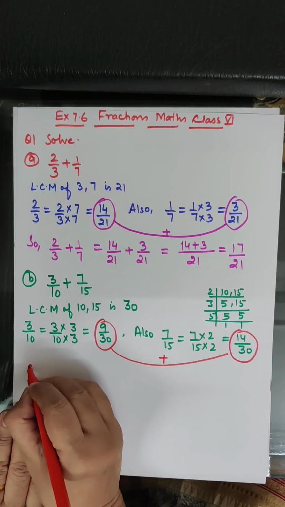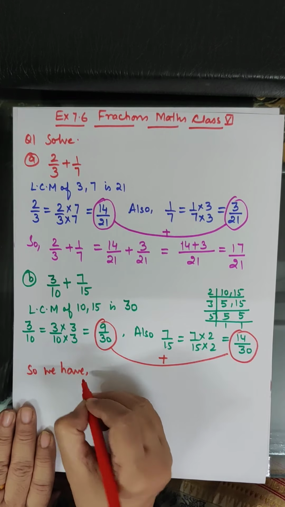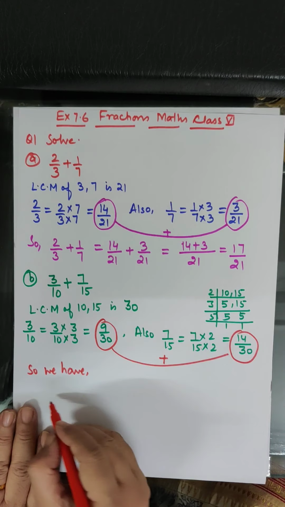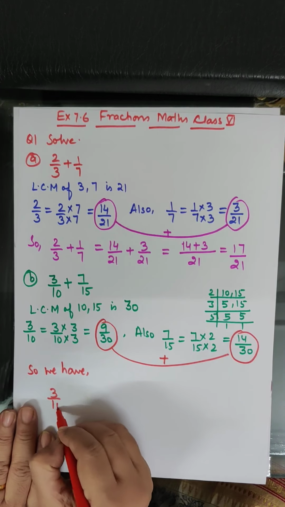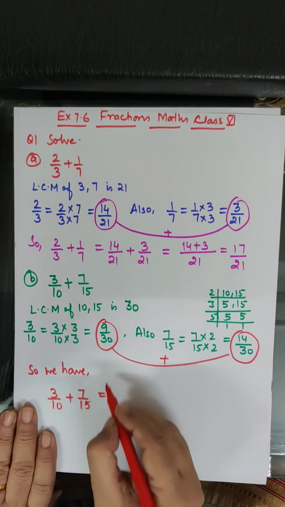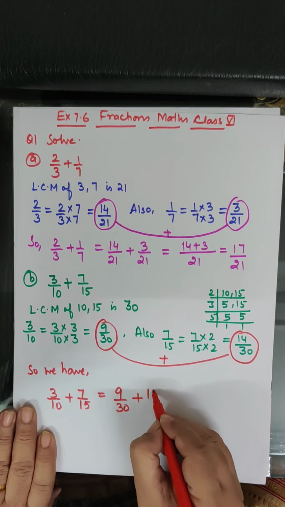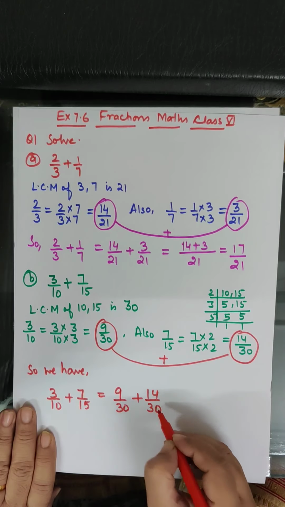So we have 3 upon 10 plus 7 upon 15 is equal to 9 upon 30 plus 14 upon 30.